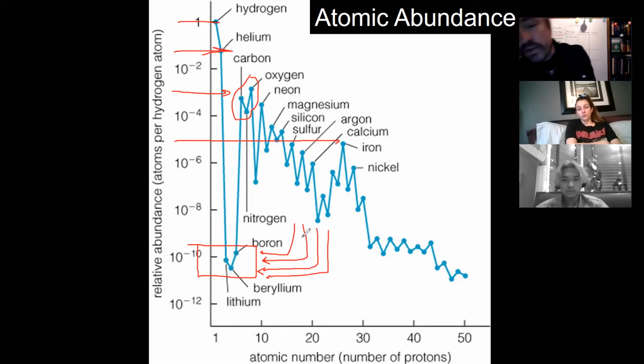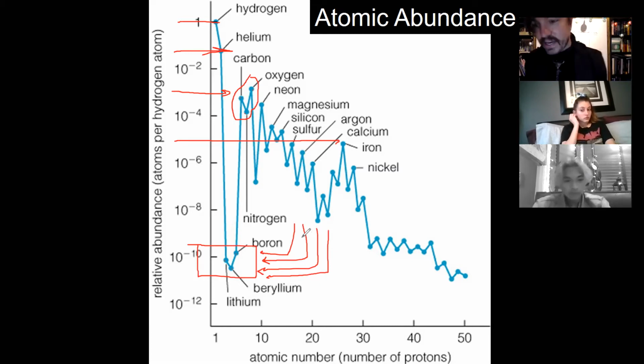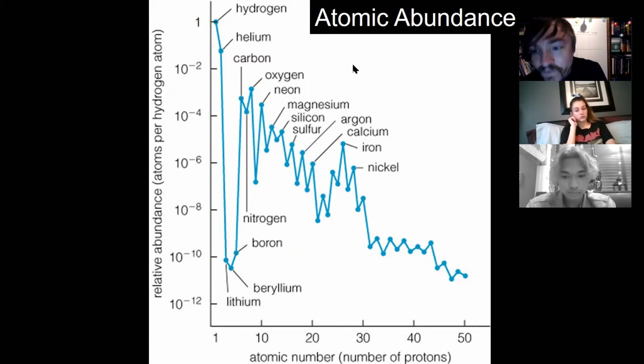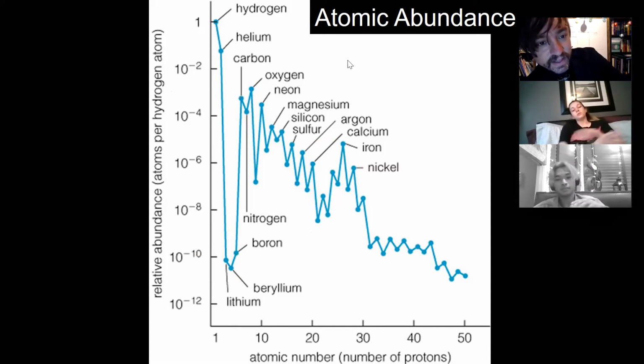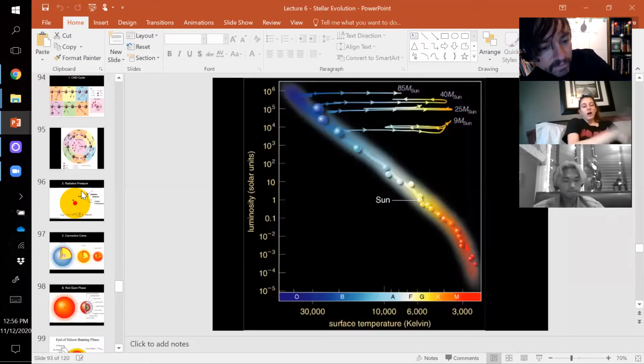So there's global strategic wars going on behind the scenes between China, the United States, and Russia, for who can control the world's lithium supply, because then you can control all the technological gadget supply. The reason why these elements are so low in abundance in nature is because they get skipped over in the second type of nuclear fusion that stars undergo. And that type of fusion is called the triple alpha process.